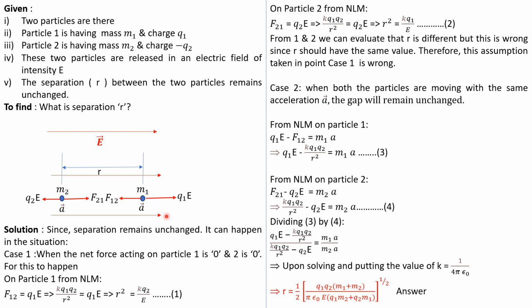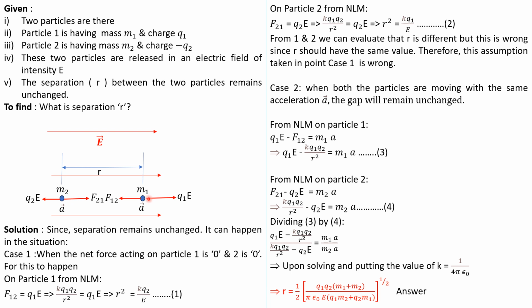Now, since the separation between the two particles is not changing as per the question, this can happen only when either these two particles are stationary or moving in the same direction with the same velocity. This is case 1.